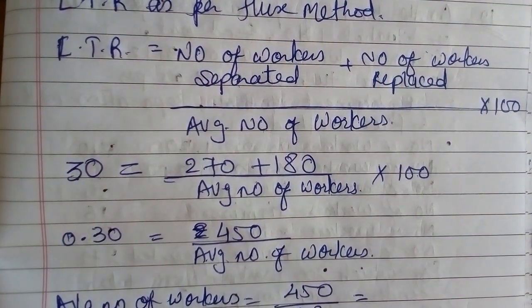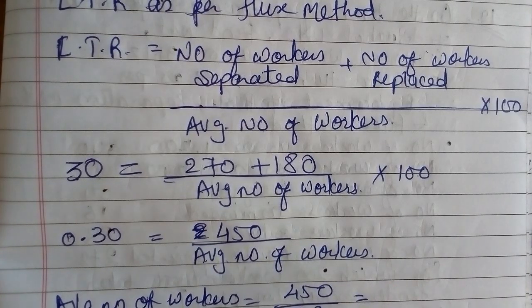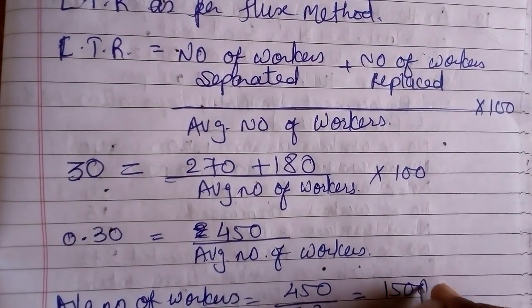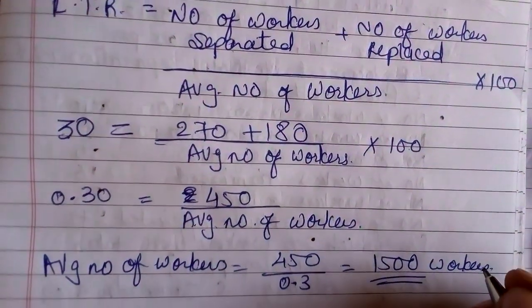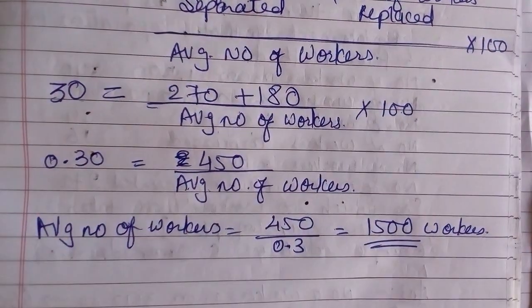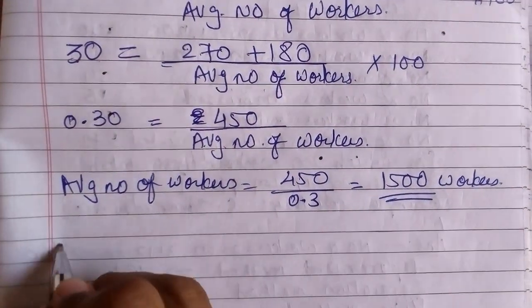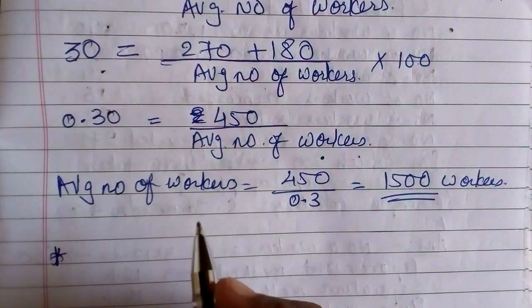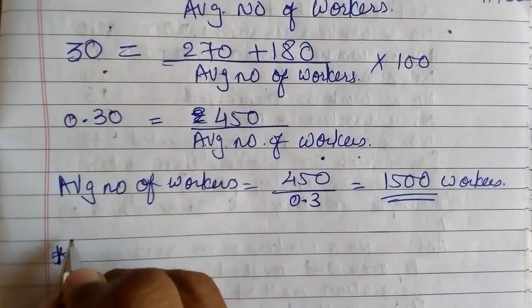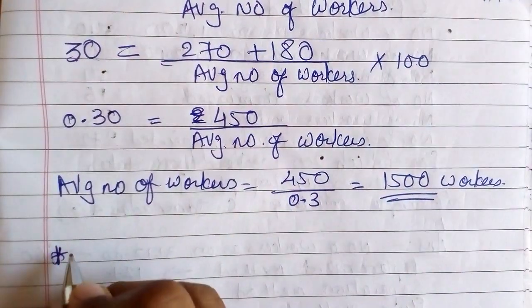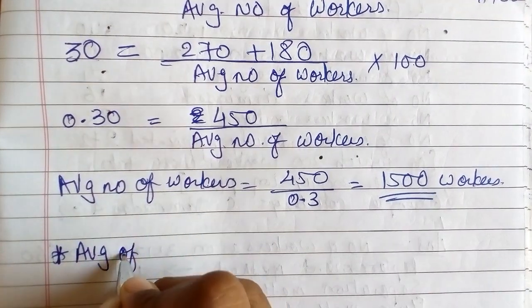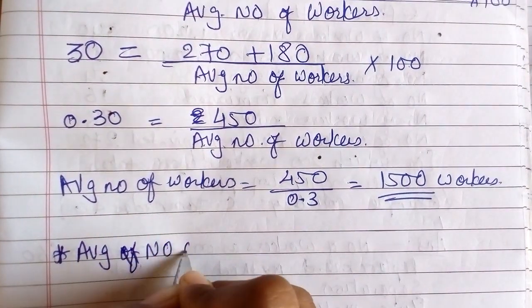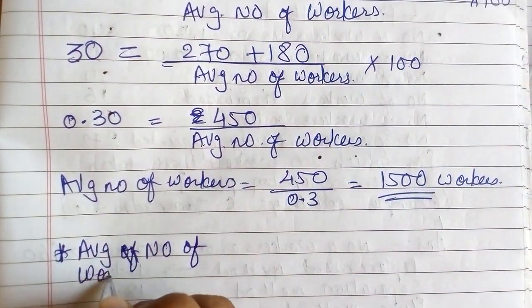So 450 divided by 0.3. So there will be 1500 workers. So here we have got the answer of average number of workers, right? We need the answer for number of workers at the end. So now we have the answer of average number of workers. So now we can put the formula of average number of workers.